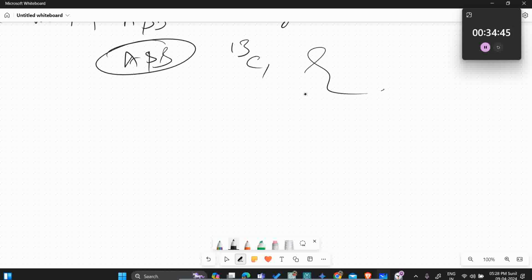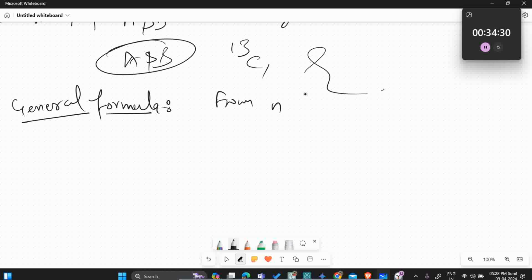So a general formula here is: from n select r, but X numbers are always selected.